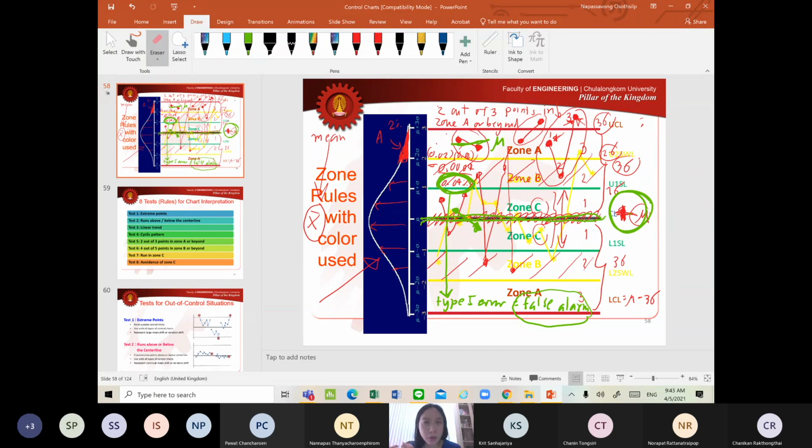Beyond zone B means in zone B, zone A, and beyond the control limits. So rule number 6: 4 out of 5 in zone B or beyond.